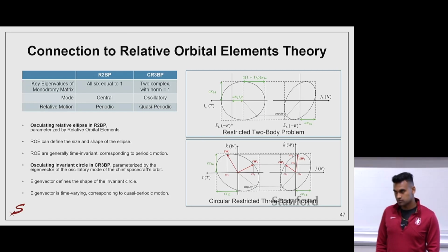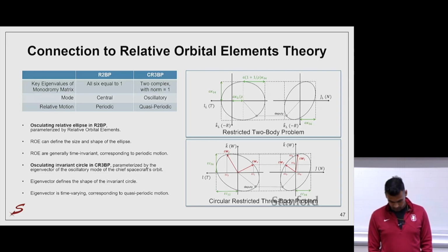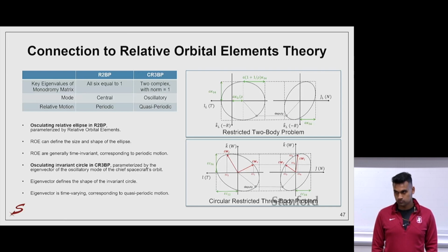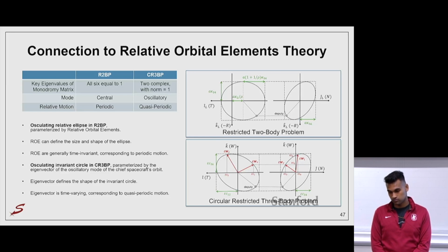If you exploit nonlinearities, you can get to conditions that ensure some passive safety also beyond that, but they are not so practical from an application standpoint. And so the analogy would be interesting to see if you include oblateness effects in this state transition matrix, which provides a rotating eigenvector.